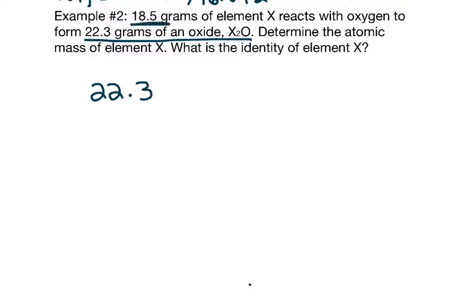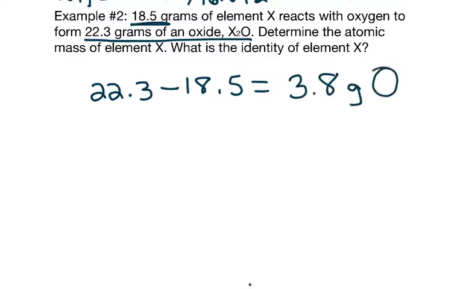And we know that 18.5 grams of that 22.3 comes from element X. So if you subtract 22.3 minus 18.5, that means that 3.8 grams of that particular compound comes from oxygen.